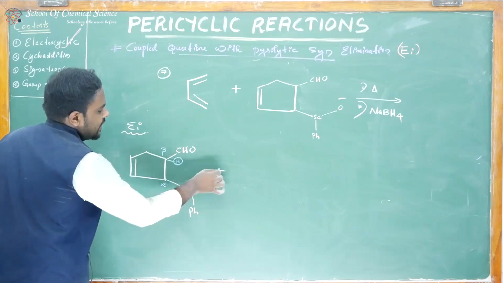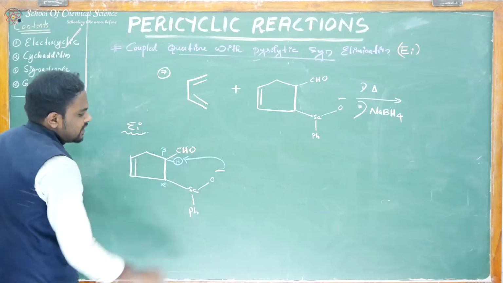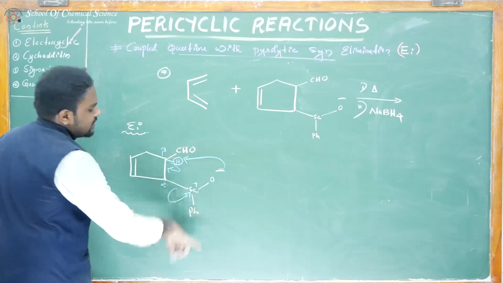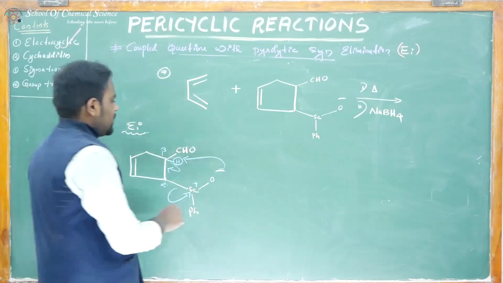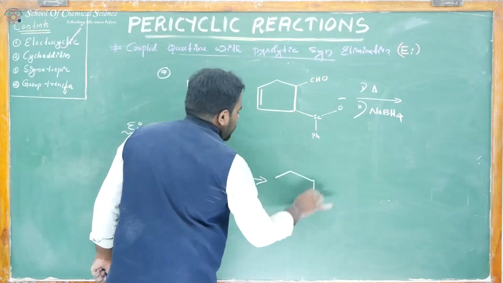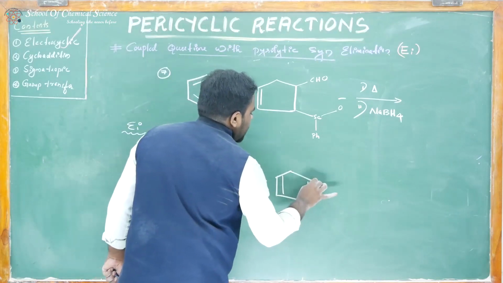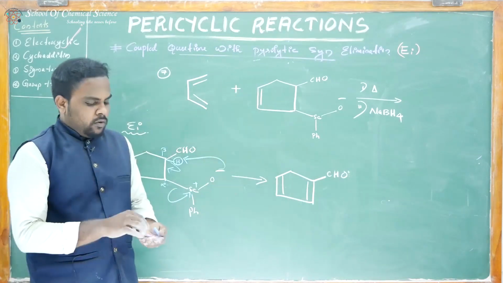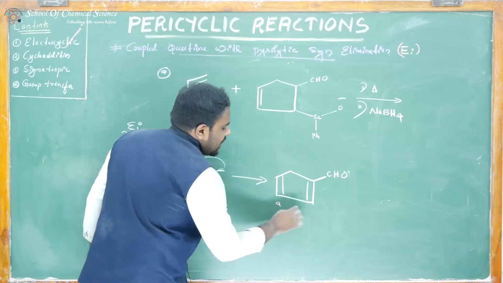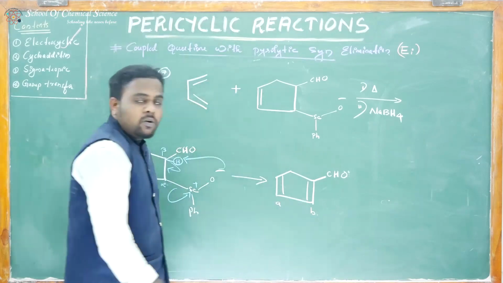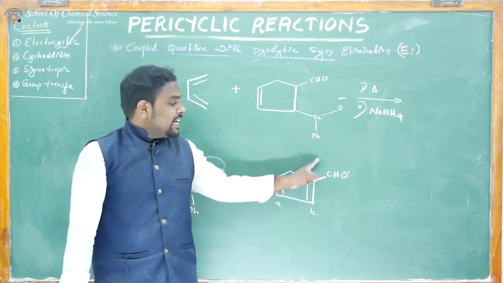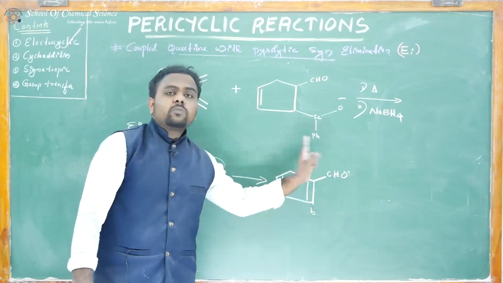Beta carbon containing hydrogen. O minus will interact with the beta hydrogen. This will make a pi bond here. This selenium plus is eliminated. So you get a compound, a 5-membered ring with CHO. Please listen. Which double bond, double bond A or double bond B, is more reactive? Definitely B is more reactive because it is containing an electron withdrawing group CHO.